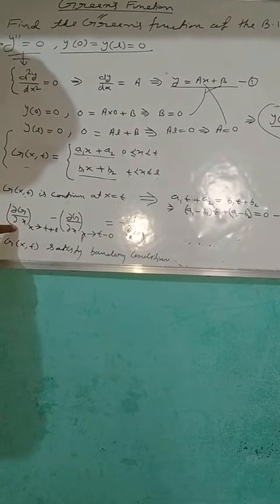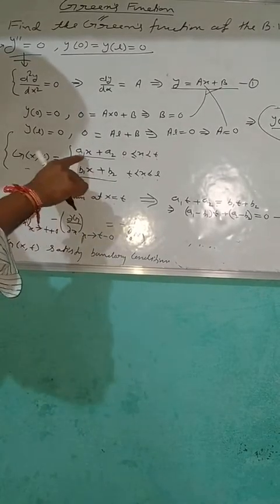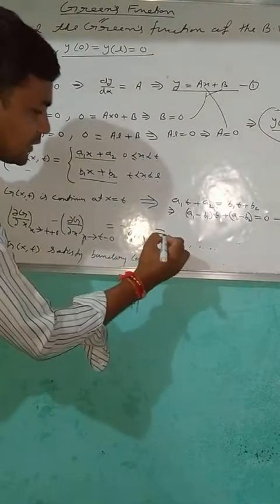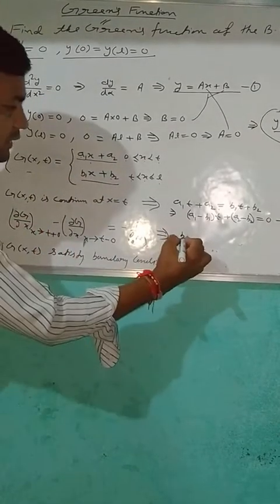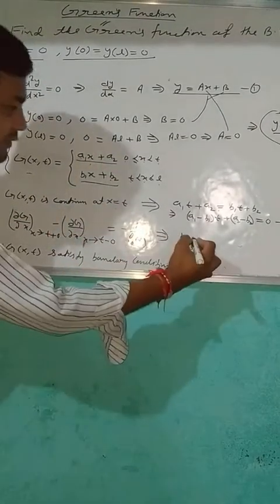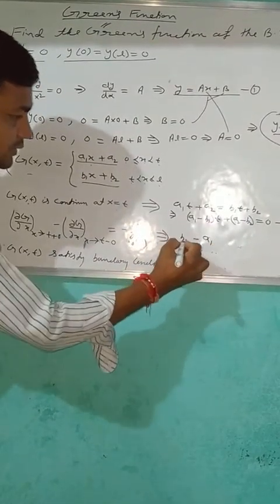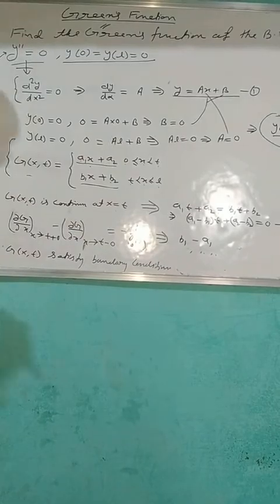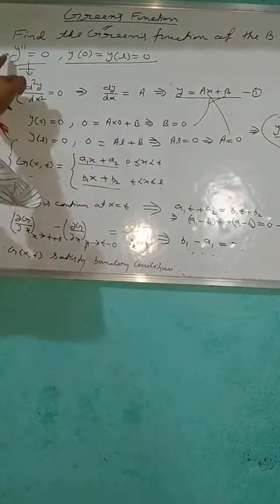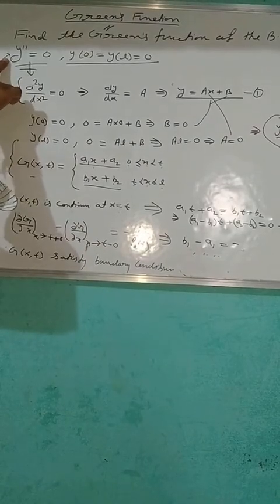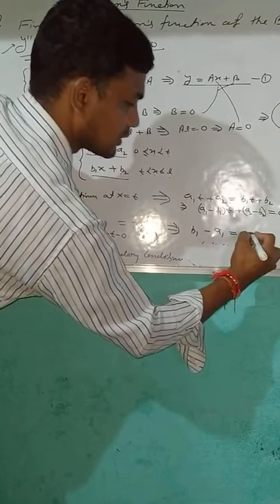This is the differentiation at t+0 minus the differentiation at t-0. The differentiation of this part is b1, minus the differentiation of this part, a1, and it is equal to -1/p0(t). The value of p0(t) is 1, so it is equal to -1.